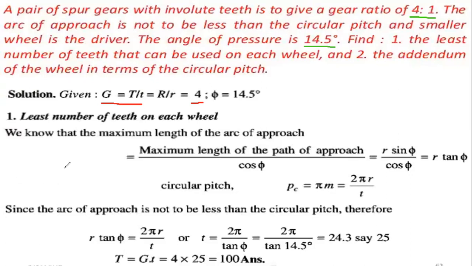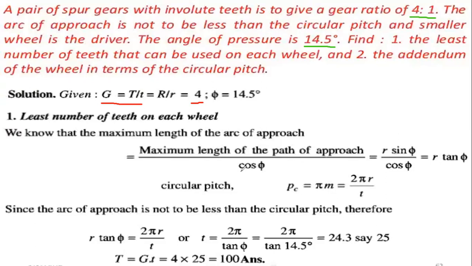So we know the maximum length of path of approach, and the cos phi angle. So we know the maximum length of arc of approach. So the maximum length of path of approach by cos phi is the formula.